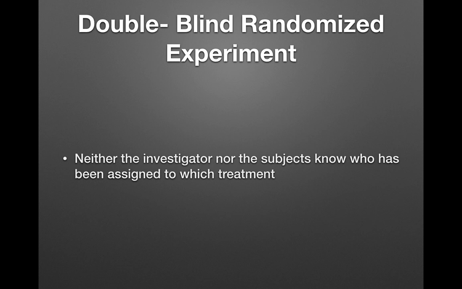Now, a double-blind randomized experiment, this is actually the best type of randomized experiment. Neither the investigator nor the subjects know who has been assigned to which treatment. And the reason why this is good is it avoids all bias.